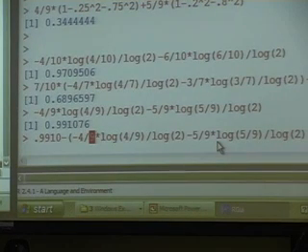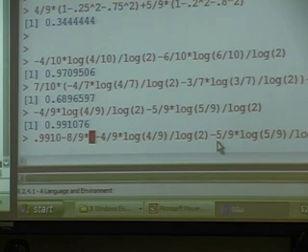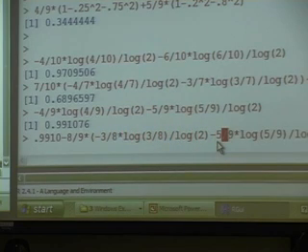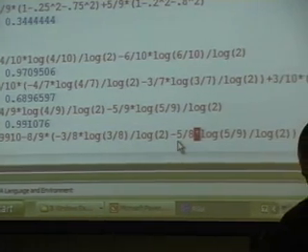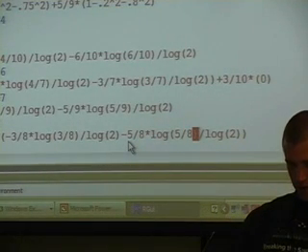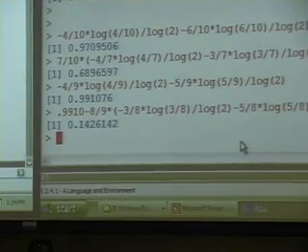Okay, 0.9910 minus 8/9 times the entropy in that node, which is negative 3/8 times log of 3/8 minus 5/8 times log of 5/8. That looks right. I think I have my signs right. So 0.1426 would be the information gain there.